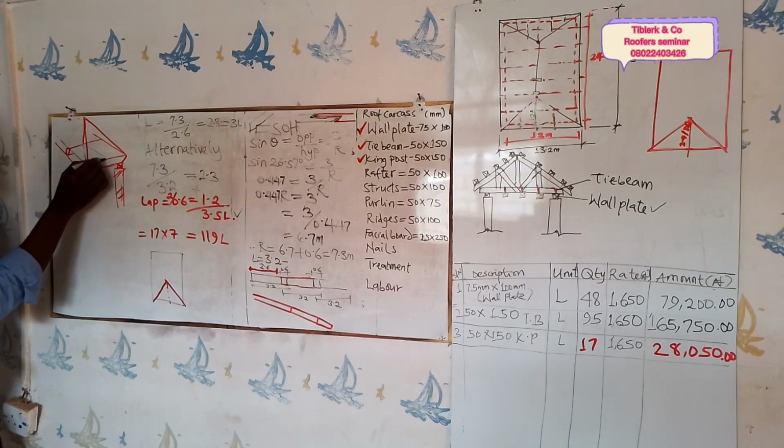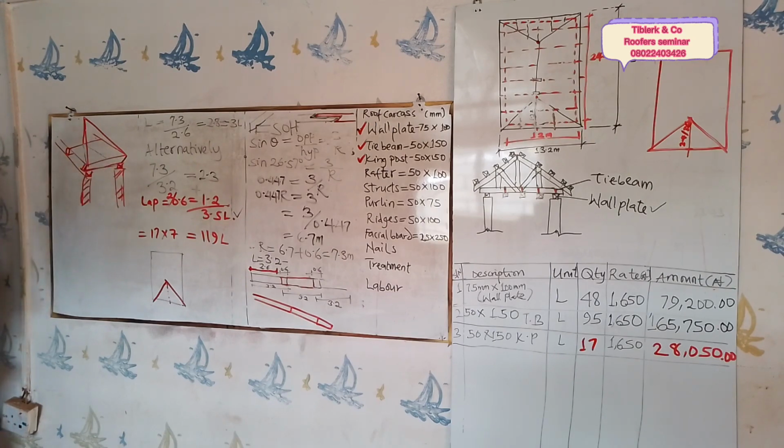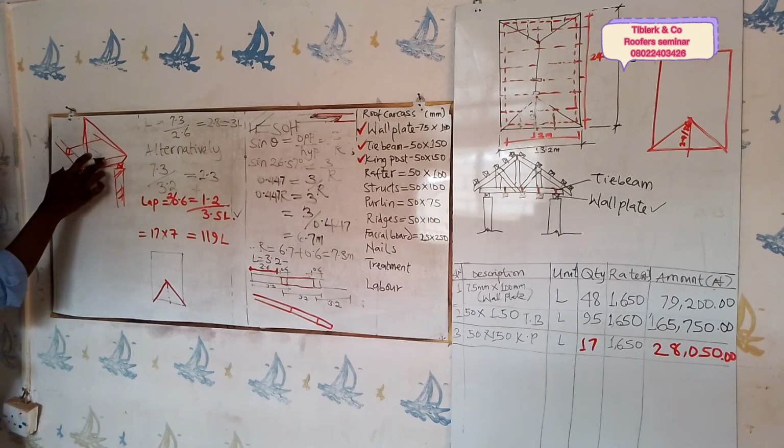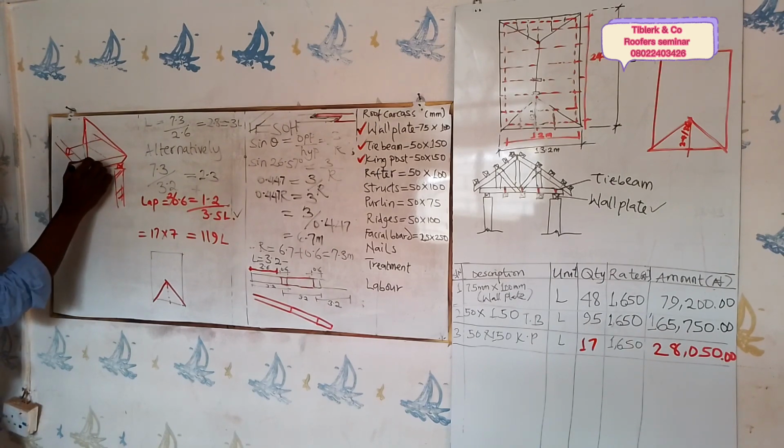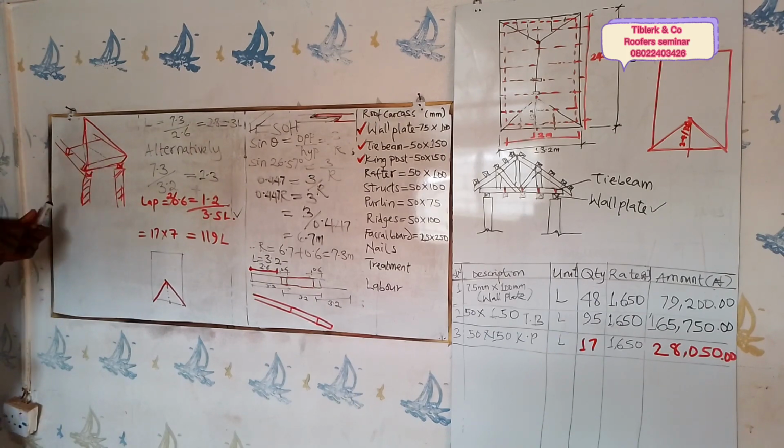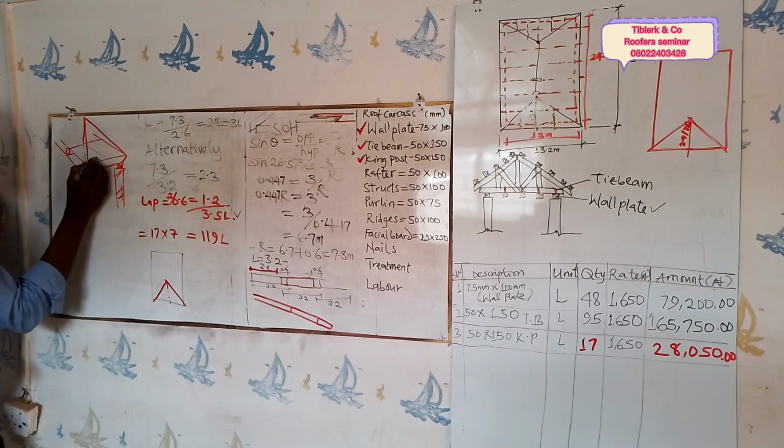To get it through this first, we know this point to this point, which is the span, which is 12. So the run, half of which will be 6. Here is 6 meters.